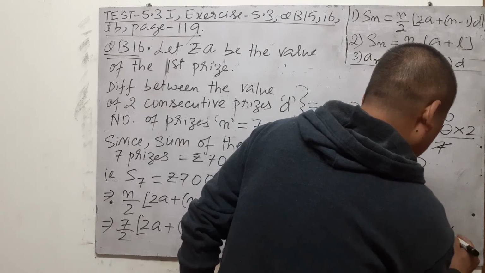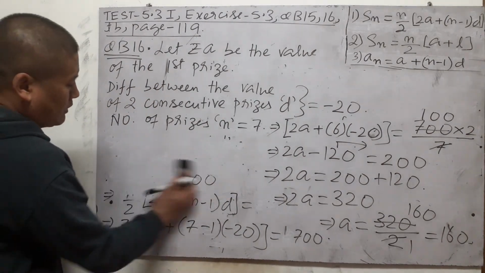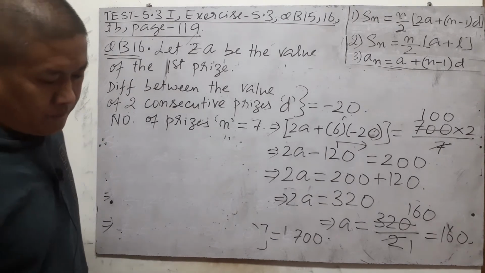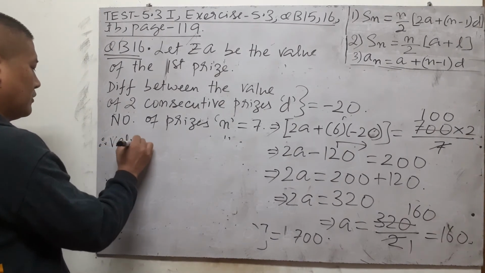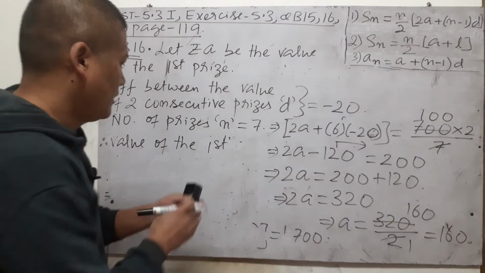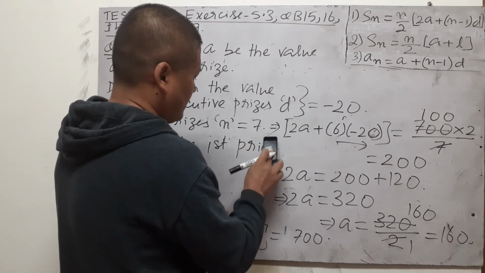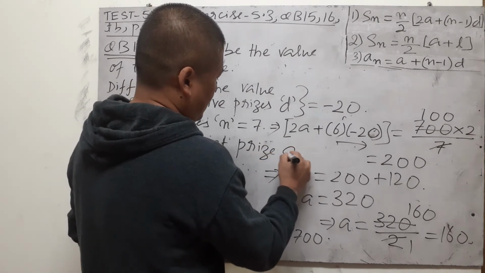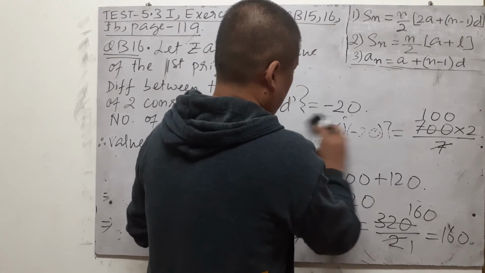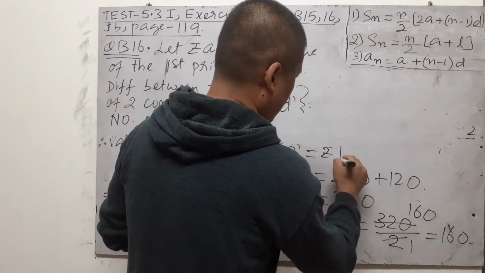Therefore, the value of the first prize, a, is rupees 160.